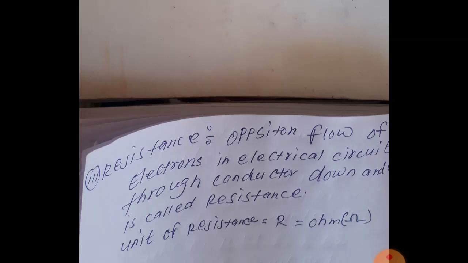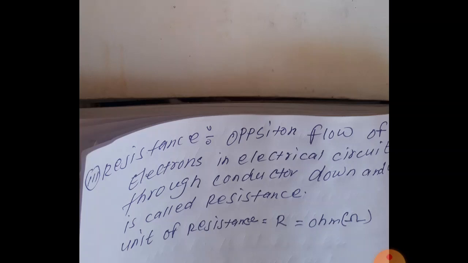Down and up means resistance is not at the same level. This depends on your conductor length and your load. If your load is a different type, the resistance comes different. If the conductor distance is very long, another resistance comes. So resistance does not come equal. Sometimes it comes down and sometimes up.